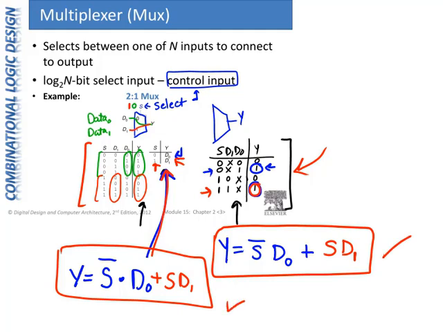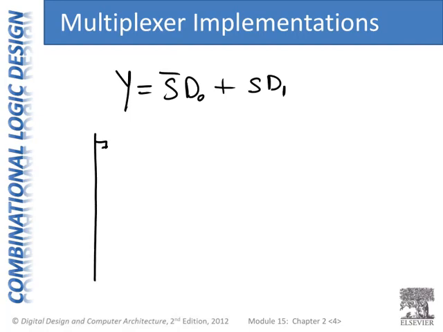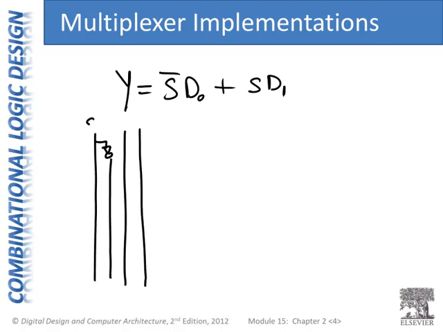So how do we implement this? Let's write our equation on the next page: Y equals S bar and D0, or S and D1. Well, two-level logic would be pretty easy. Let's put our S here. We have S and S bar, D0 and D1.